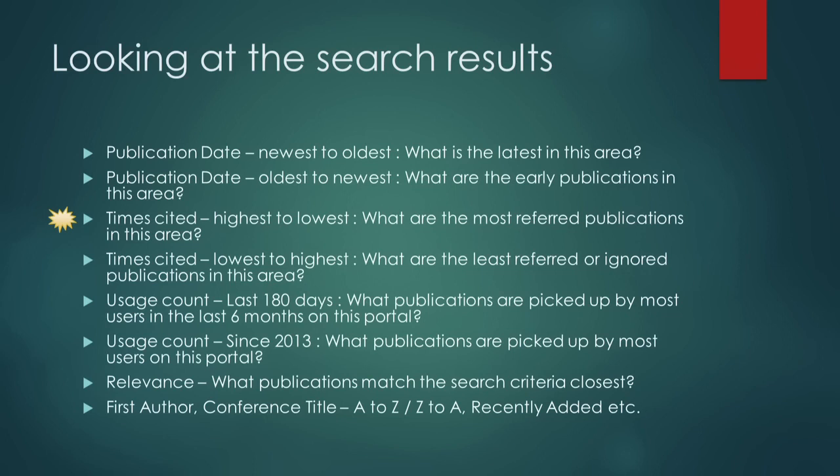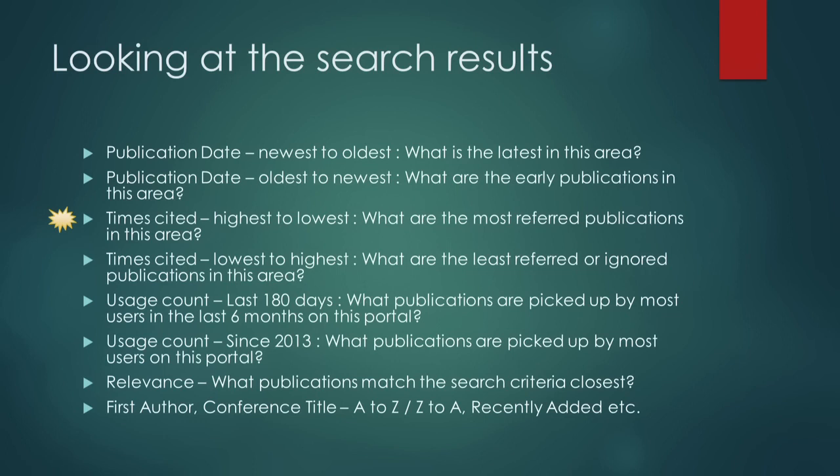You can also use it across the entire period over which this particular portal was running, so that you can actually see what are the publications that are picked up by most of the users on this portal. You can also pick them up by the first author name, conference title, A to Z or Z to A, and recently added articles, etc.